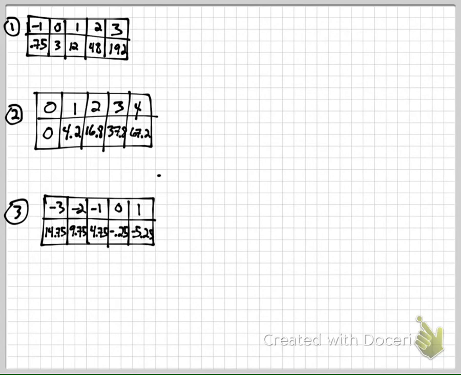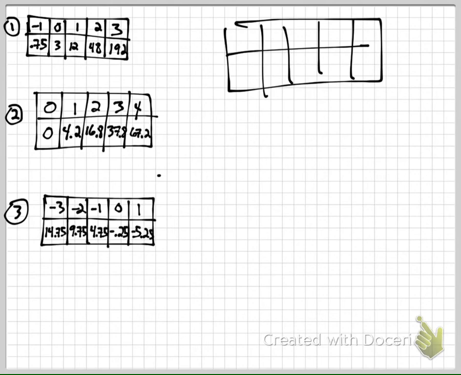All right, here we go. Let's see how you did. The first one, first thing we always do, check to see if it's a linear function. So you go, okay, 0.75, 3, 12, 48, 192.